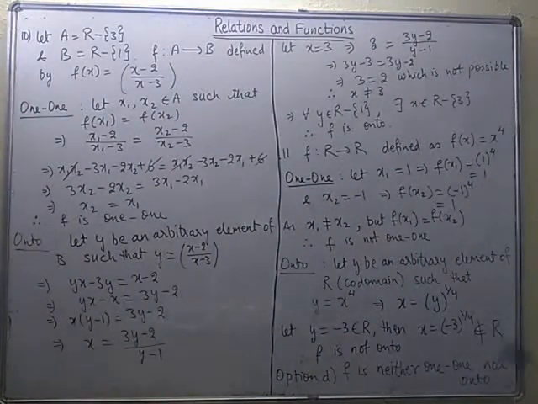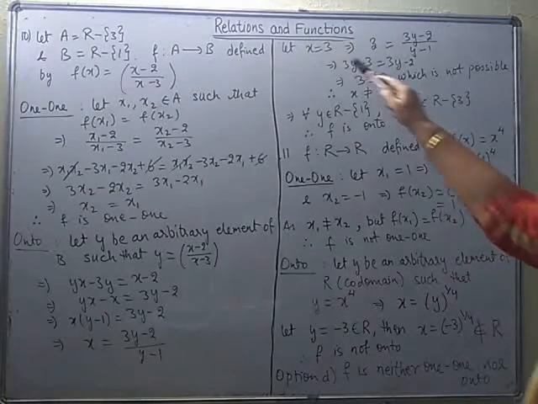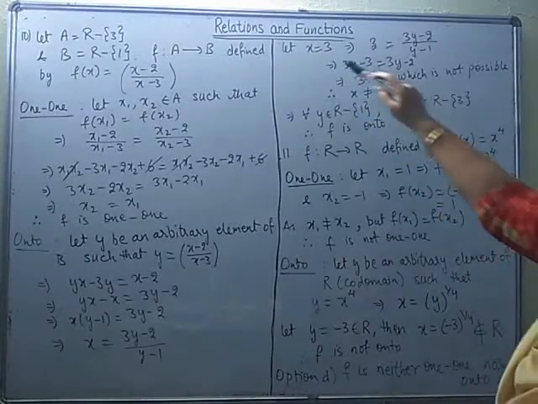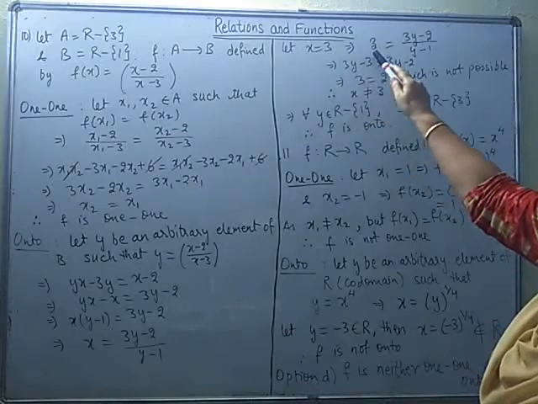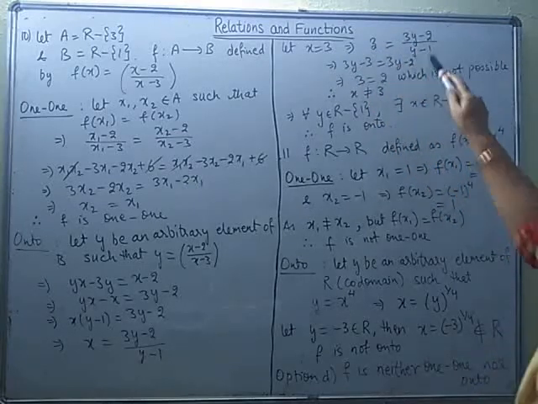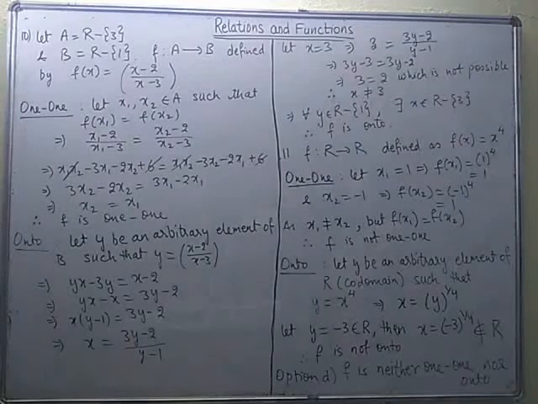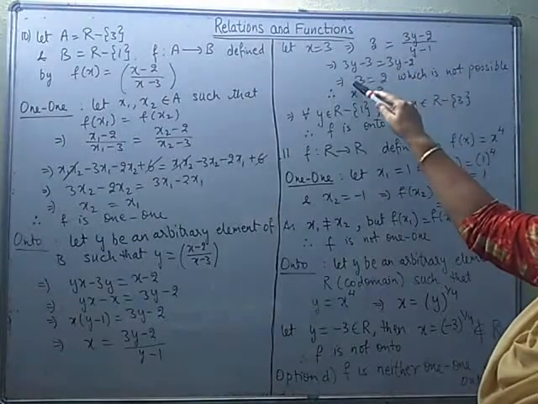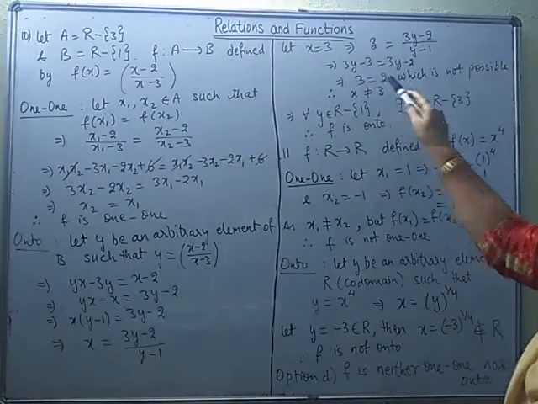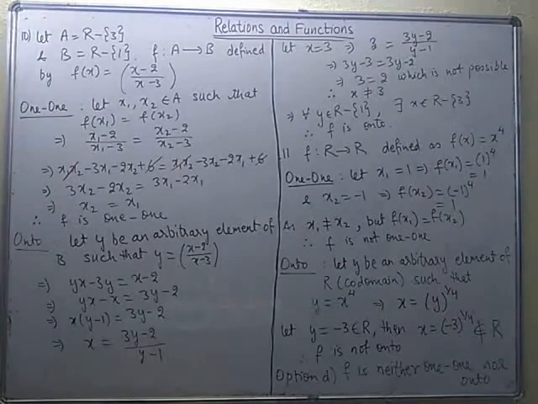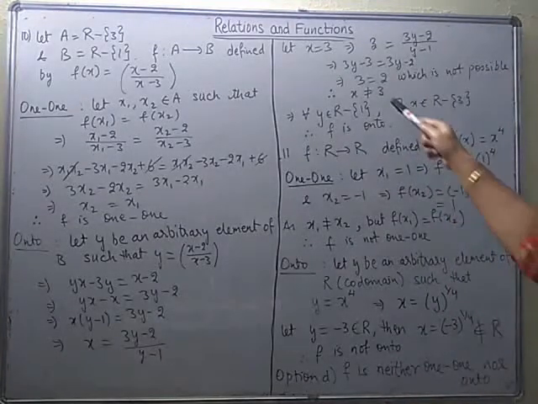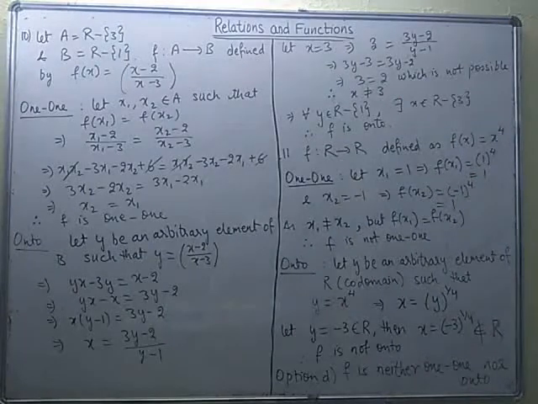So, in order to check that x will never become 3, we assume x to be 3, and on replacing x by 3, we get 3 is equal to (3y minus 2) over (y minus 1). On simplifying this, we get an equation 3 is equal to 2, which is not correct. So this means x will never become 3. It can be any other real number but not 3.